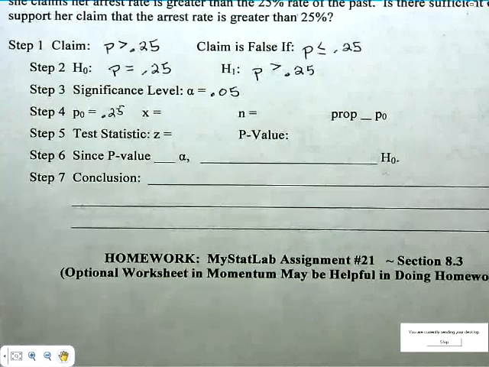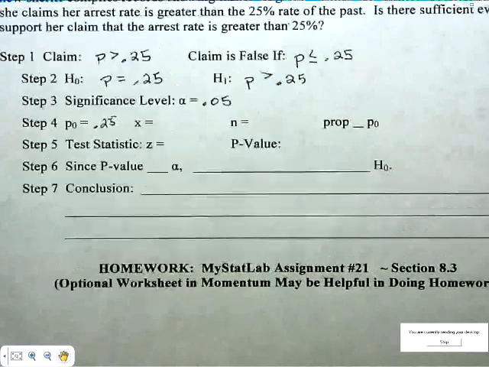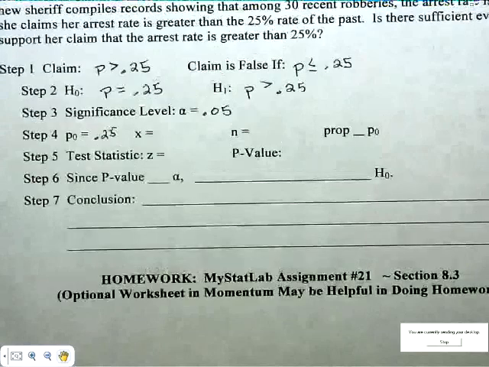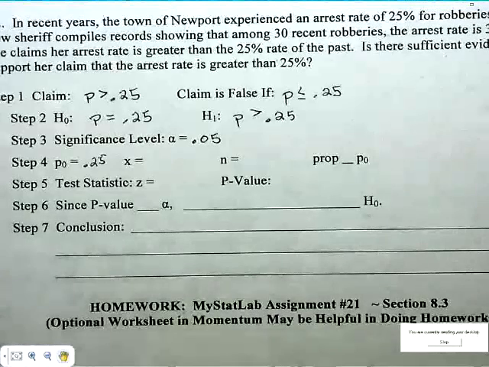So how many arrests were there? It gives you what you need to figure it out. In 30 recent robberies, the arrest rate was 30%. How many arrests out of 30 would that be? And how would you find it? 30 times 0.3.